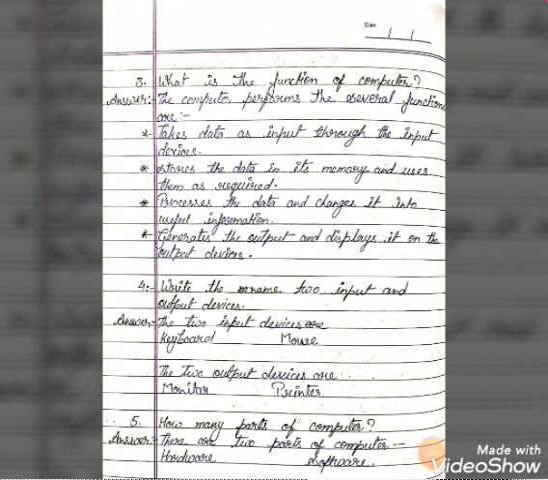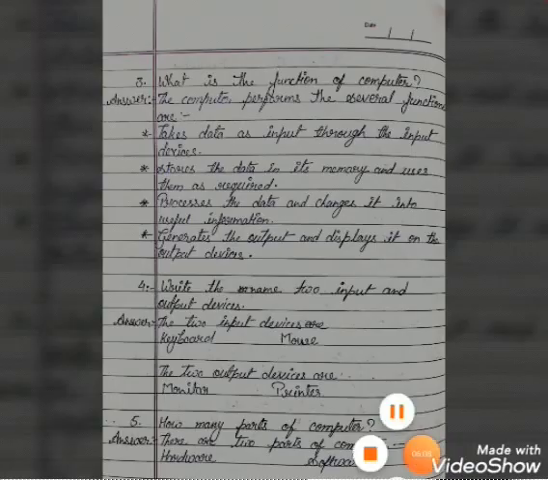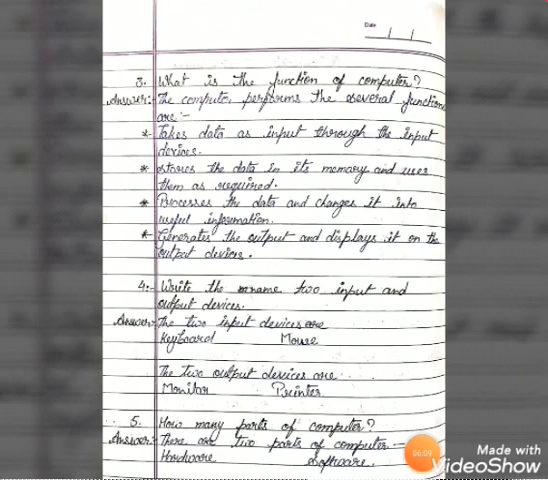Now the next question is, write the names of input and output devices. The two input devices are keyboard and mouse. And the two output devices are monitor and printer. Now question 5.